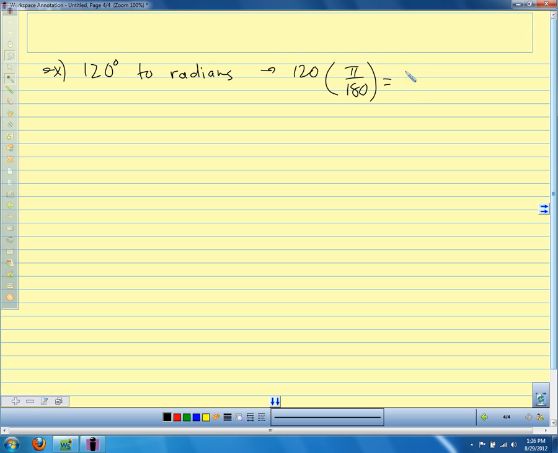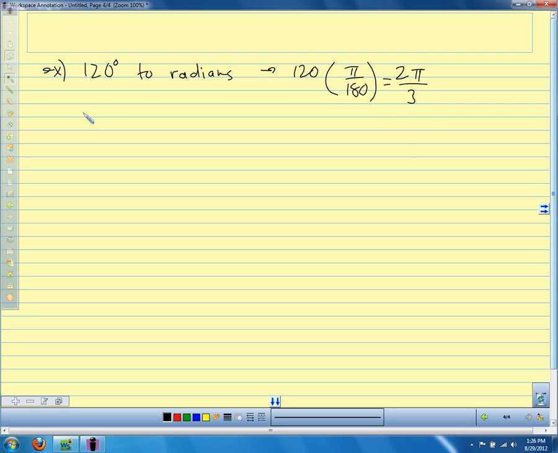And if I reduce this fraction, I get 2 pi over 3. And usually with radians, you want to leave it as a fraction. You want to write 2 pi over 3. You don't want to write this as a decimal. You want to use an exact measure.